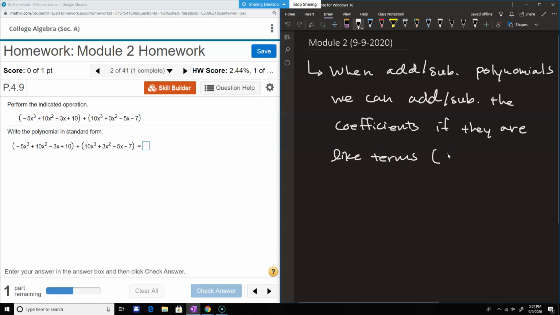So that means they have the same variable and same power.